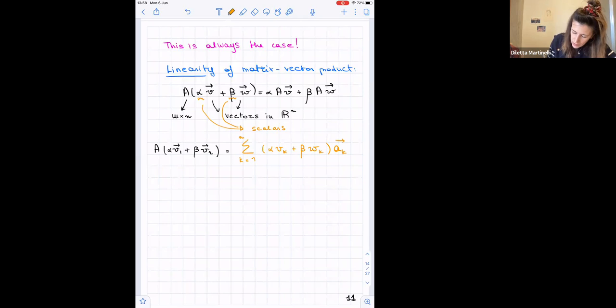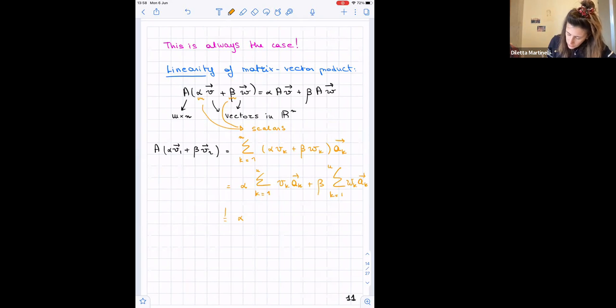And we could rewrite it as A multiplying the sum for k from 1 to n of alpha v_k plus beta w_k, A_k. But this is a linear combination of the columns of A where the coefficients are given by v.